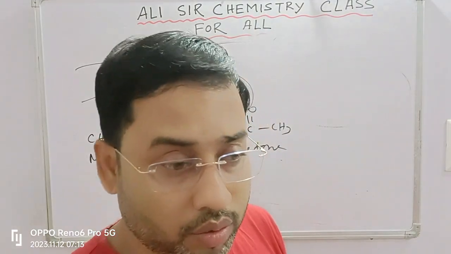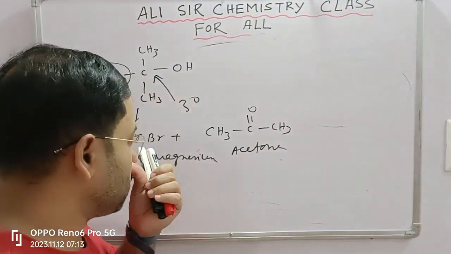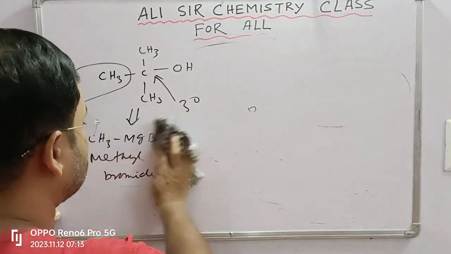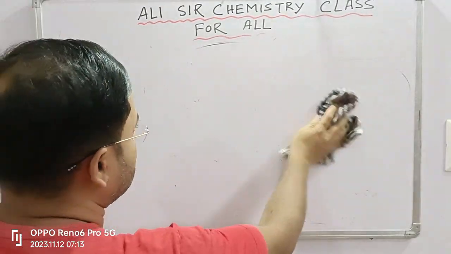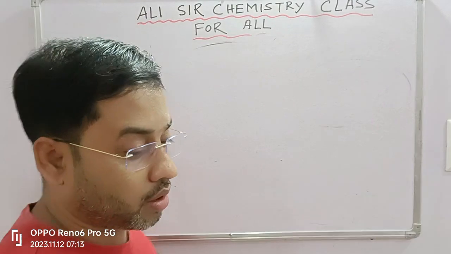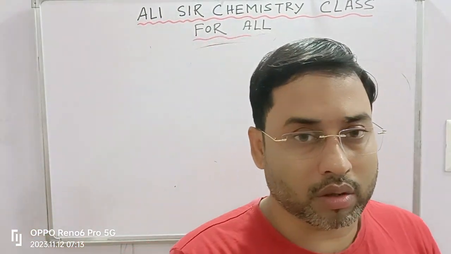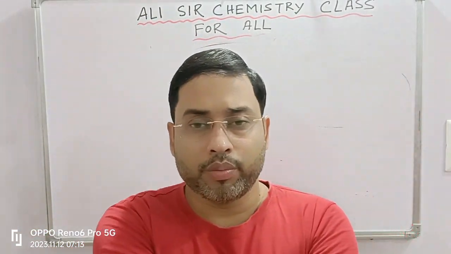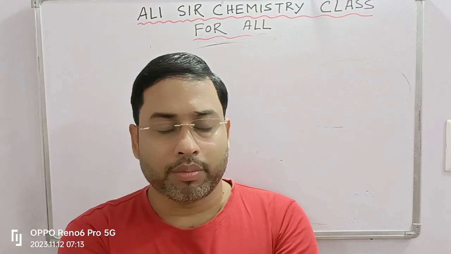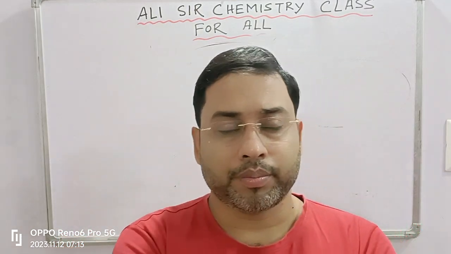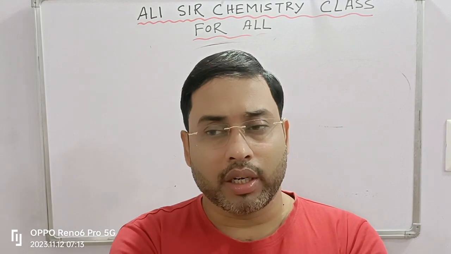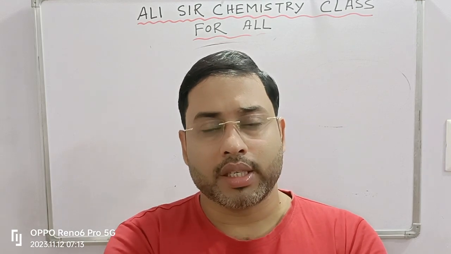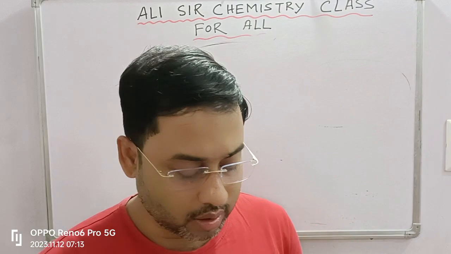So I am summarizing today's class. Today's class is all about the preparation of Grignard reagents and its applications for the synthesis of primary, secondary and tertiary alcohols. How can you prepare this Grignard reagent? You can prepare any Grignard reagent from alkyl halide or aryl halide.